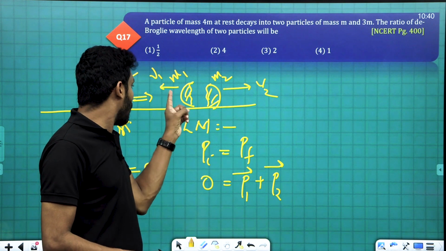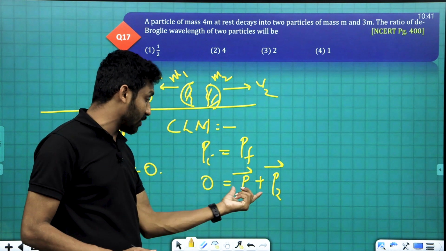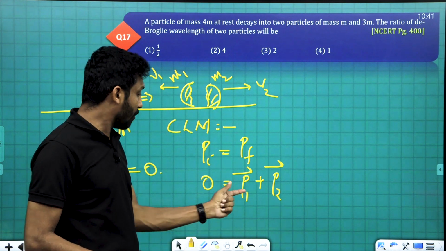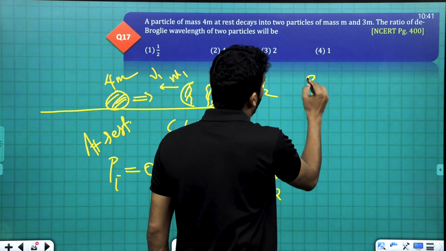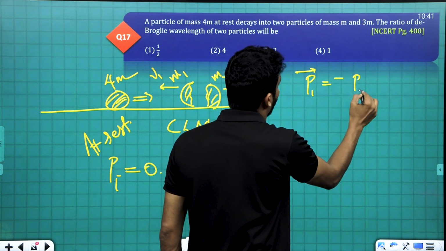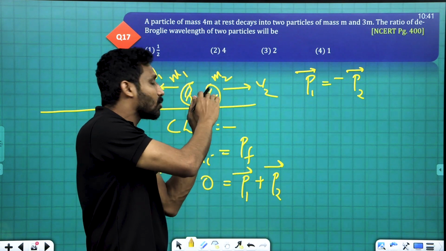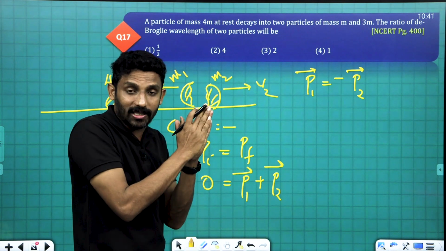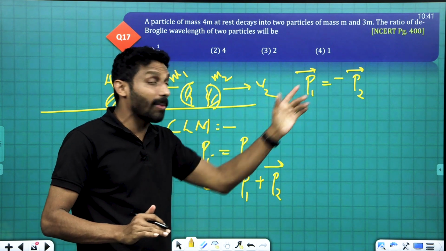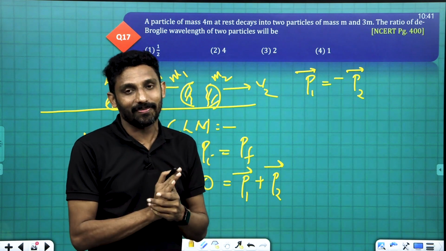These two terms are after the decay, which means the momentum of the first after decay is minus the momentum of the second after decay. The two momenta are equal in magnitude and opposite in direction.